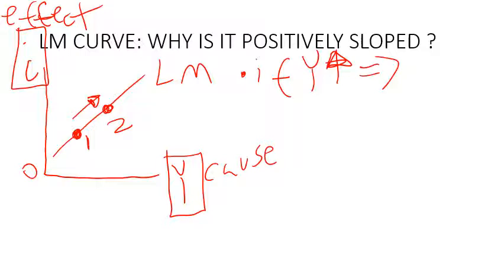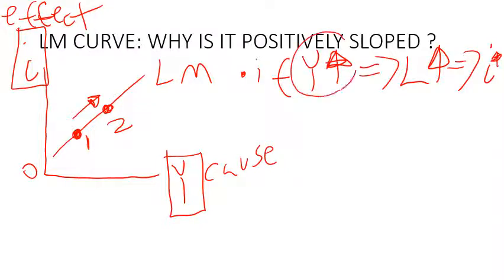An increase in I, an increase in C, an increase in G, etc. So if national income goes up, what happens in the money market? Is it a supply event or is it a demand event? It's a demand event. So L, the money demand curve, increases. And what happens to the interest rate? The interest rate goes up.